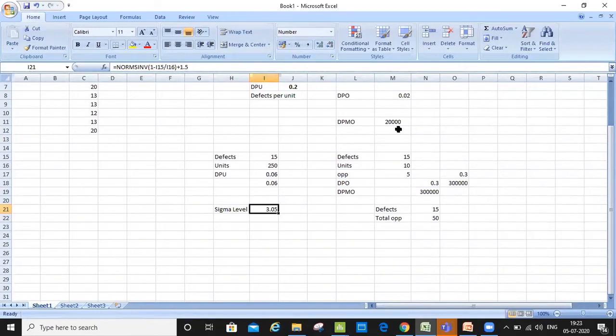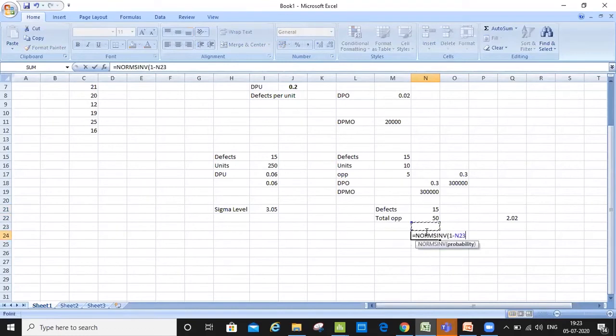Is it 2.02? Okay, let's see what others say also. Yeah, 2.02. Anybody has a different answer? No, same. Okay, so let's do it. 1 minus 15 divided by 50, plus 1.5.